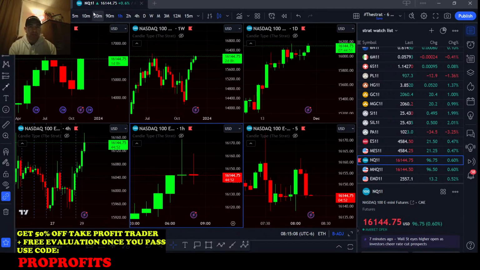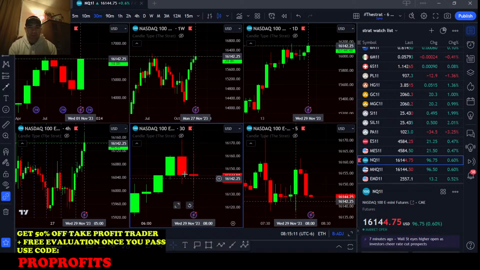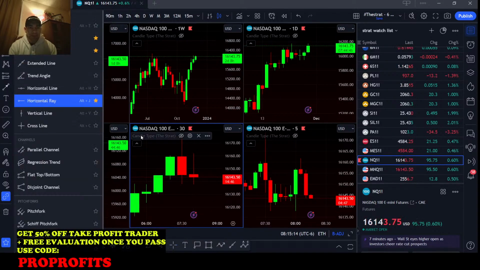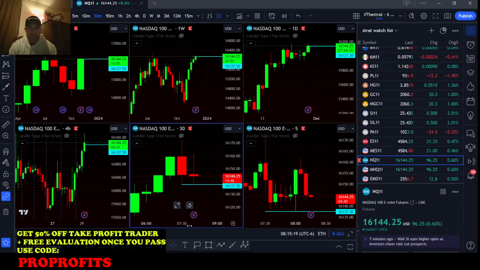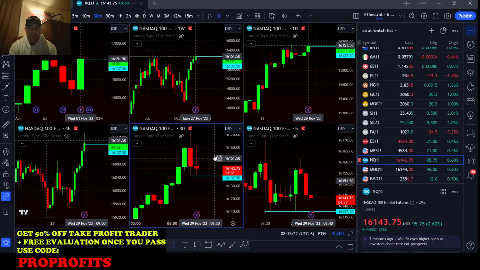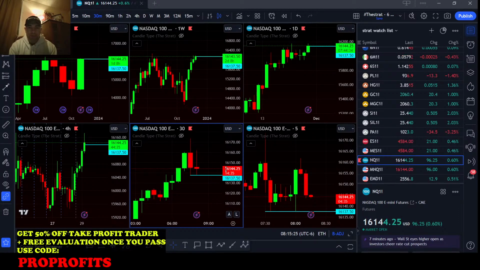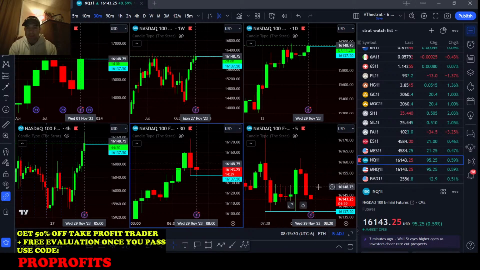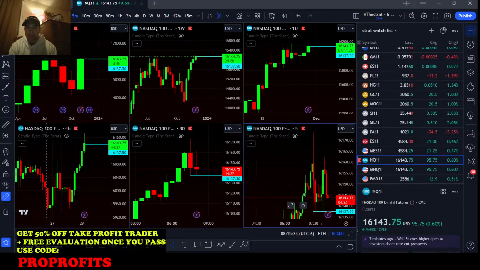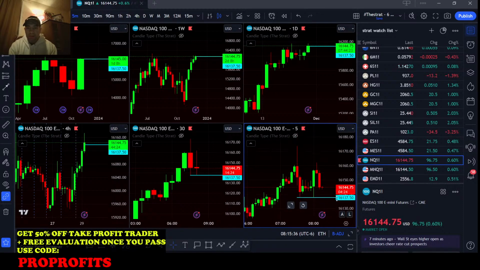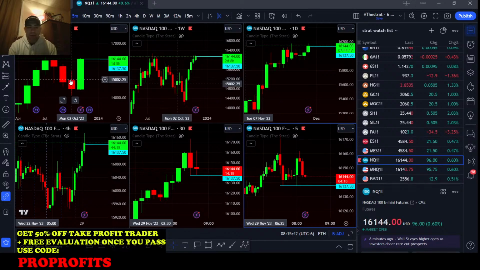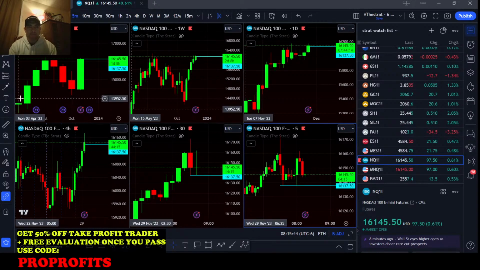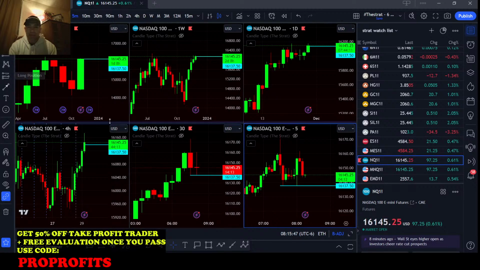Let's take this down to a 30-minute chart. Reversal initiates below that 16,137 on the 30-minute chart. But because we have all that time frame continuity, it's not something I really want to take to the downside. So we're going to see what happens on the open.